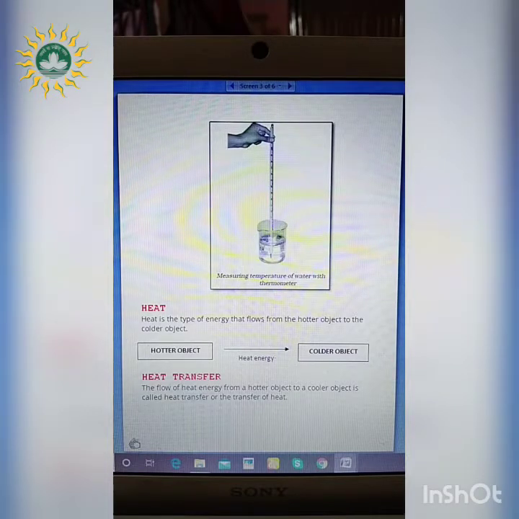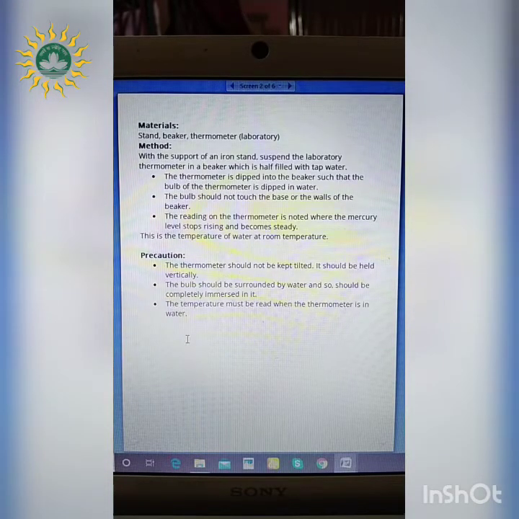Now previously I mentioned that some precautions are necessary for this experiment. So we'll see what the precautions are. Firstly, the thermometer should not be kept tilted. It should be held vertically. That means a vertical condition of the thermometer should be maintained so that the exact reading is obtained. Next, the bulb should be surrounded by water and completely immersed in it.